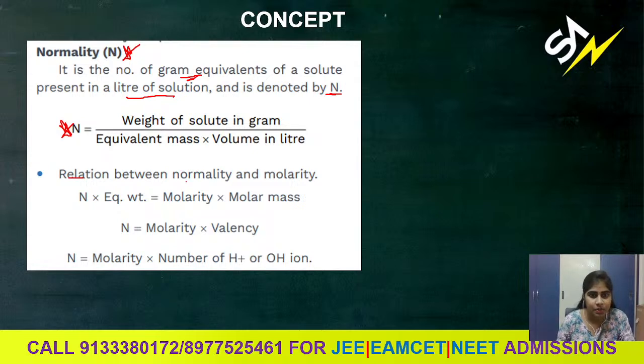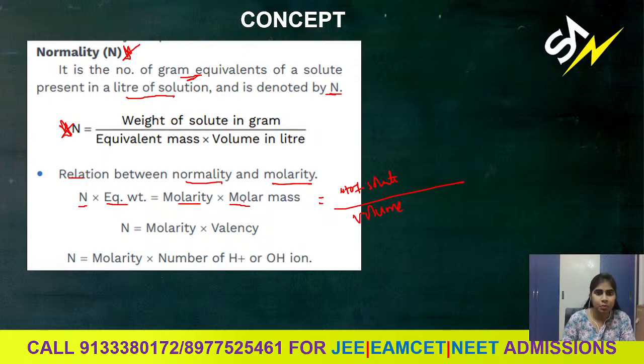So let us see the relation between normality and molarity. Normality depends on equivalent mass. Normality into equivalent mass is equal to molarity into molar mass, and both are equal to the weight of solute by volume. So this is neglected, and if we take the relation between these two terms, normality is equal to molarity into valency.